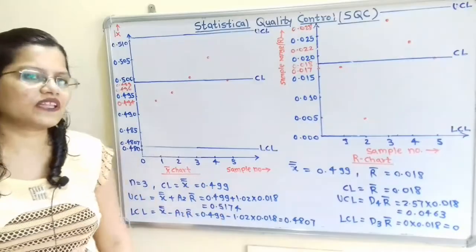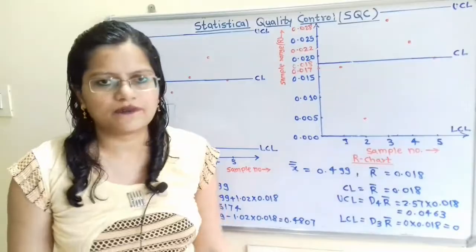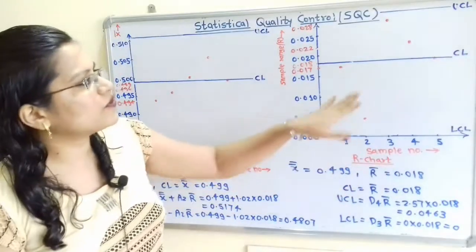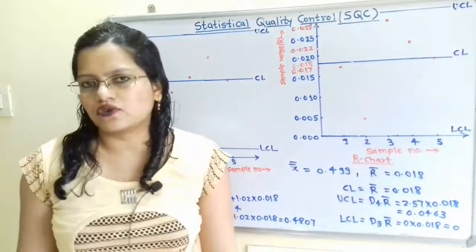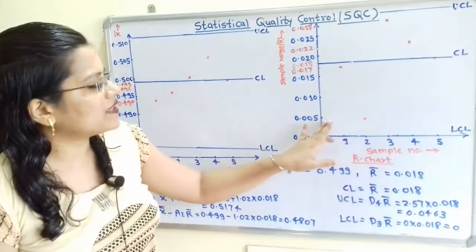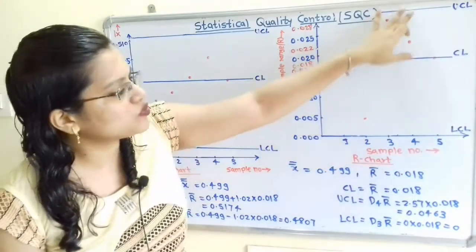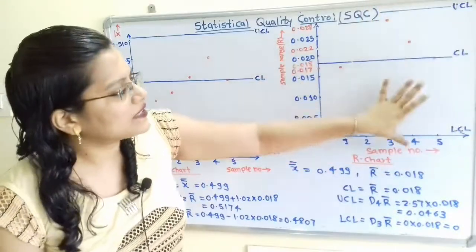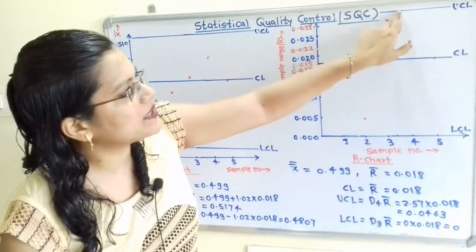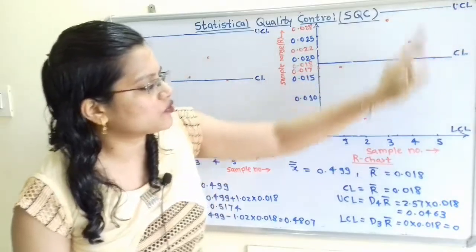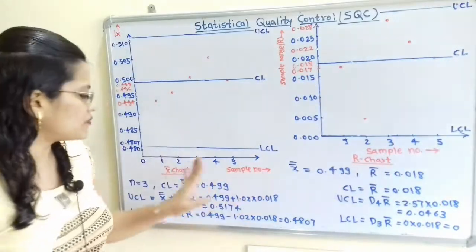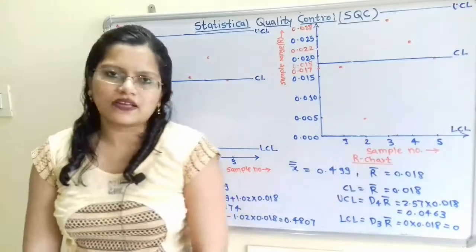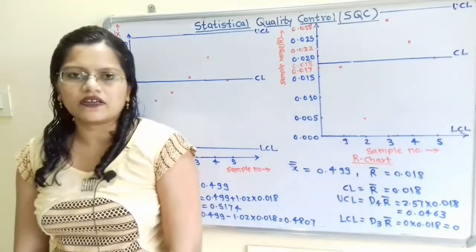Now we will refer to the next chart, that is the R chart. Here also we observe the upper control limit and the lower control limit, and all the points are in between these two limits. No point crosses the boundary of the upper or lower control limit. So we can say that from this X bar chart and R chart, the process is under control.